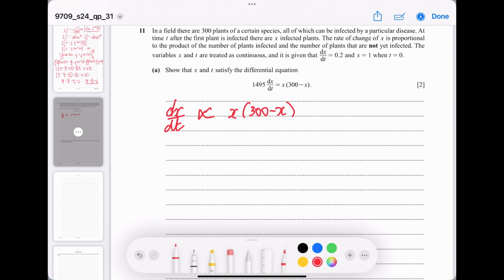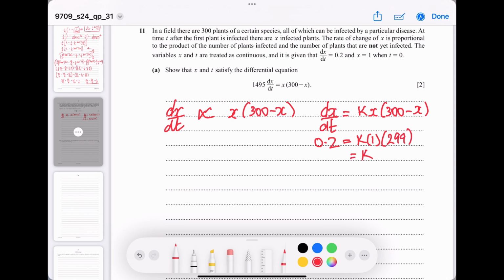Using normal rules of proportion, we would replace the proportionality sign with an equals k. And we now need to find k. So we know that when dx dt is 0.2, the value of x is 1. So that's 1 times 299.